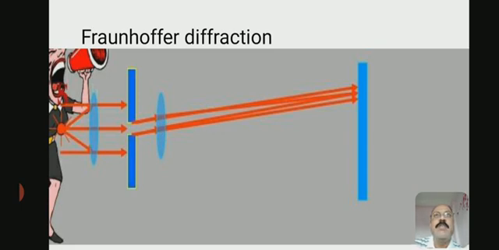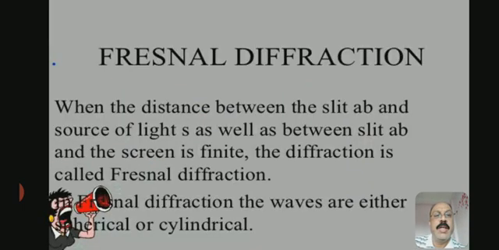After refraction, the rays meet on the screen placed at a certain distance from the obstacle, and we obtain the diffraction pattern. This type of diffraction is called Fraunhofer diffraction. In Fresnel diffraction, we don't use any lenses, but here we take two convex lenses to obtain the diffraction pattern.